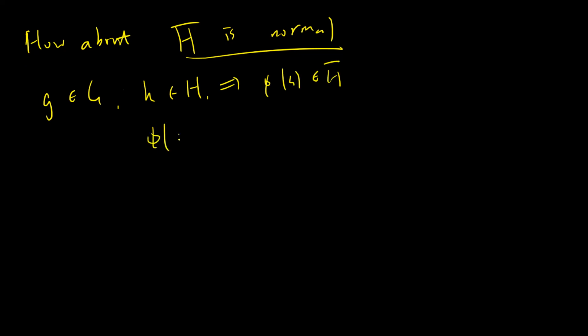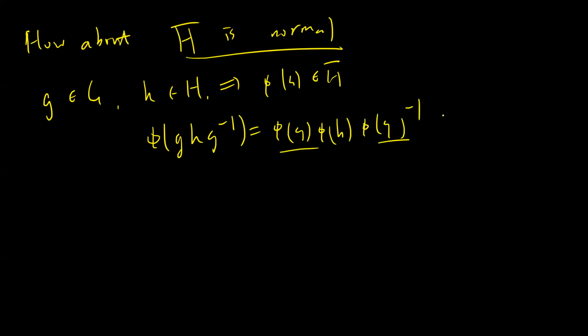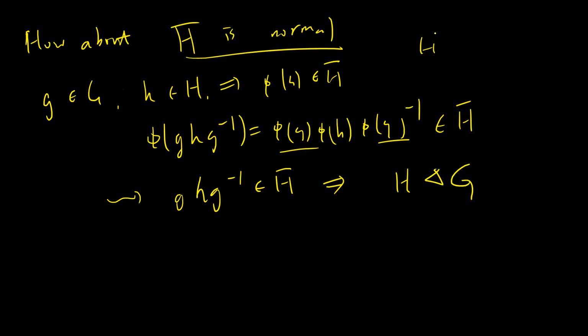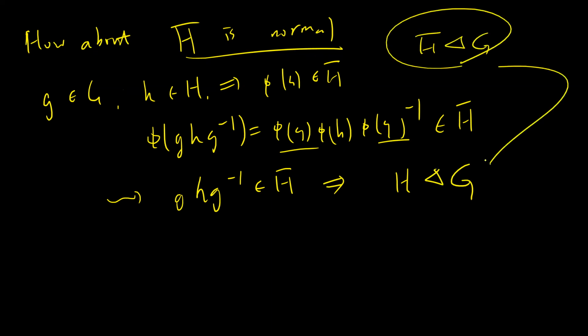And phi of g h g inverse is phi of g, phi of h, phi of g inverse, and this belongs to H bar, because we assume that H bar is normal. So this tells you that g h g inverse belongs to H, so H is normal in G. So if H bar is normal, then H is normal.